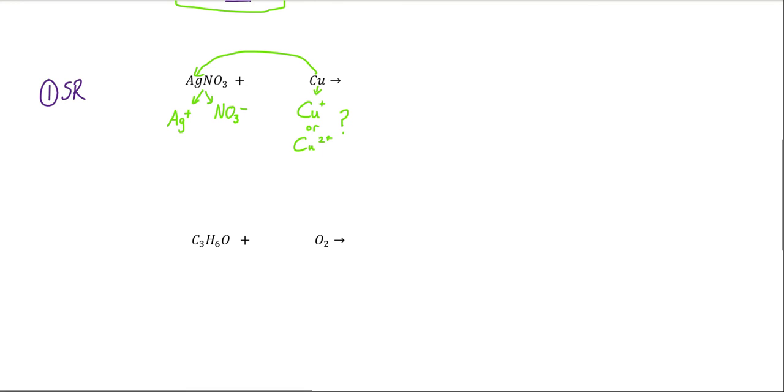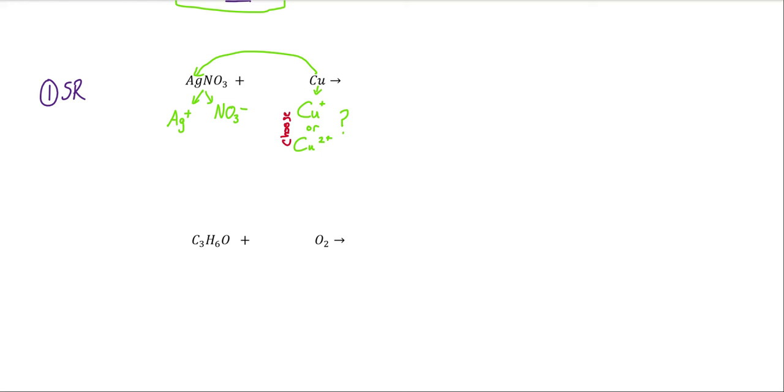So this means when we're predicting products, we can choose either one. You just have to go ahead and choose which one you're going to use, unless it has actually been told. So for this chemical reaction, you could predict two entirely different products and you would be correct.